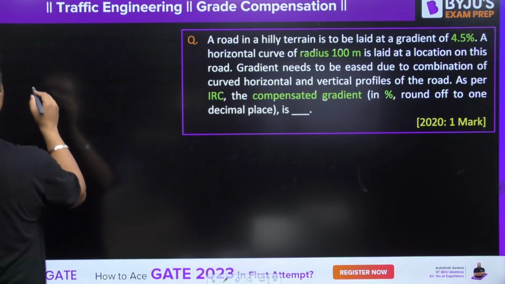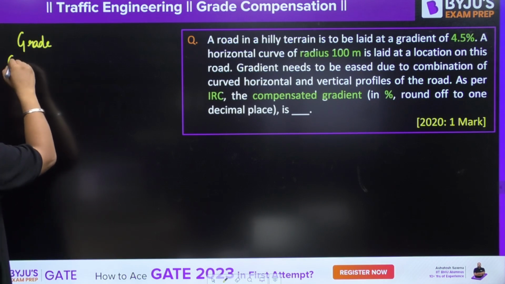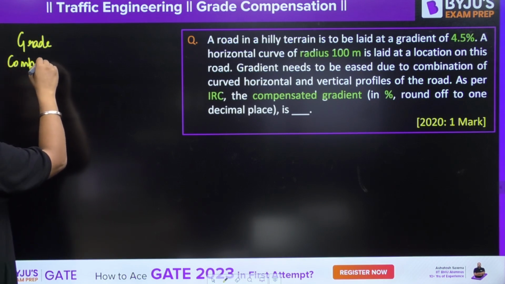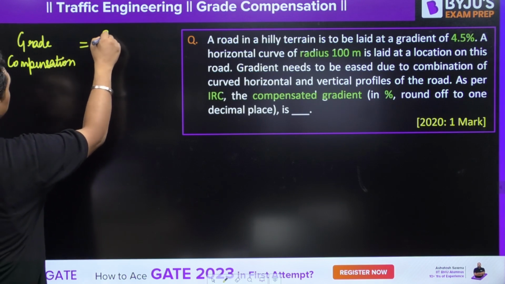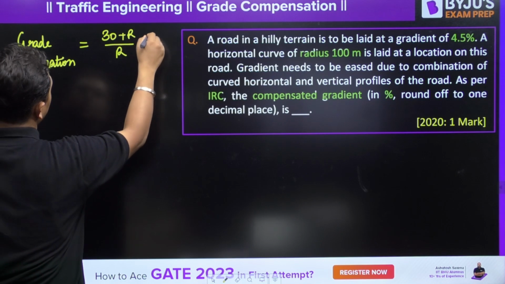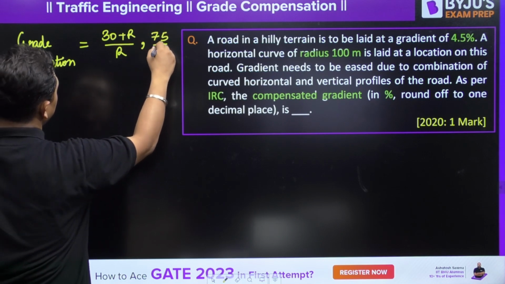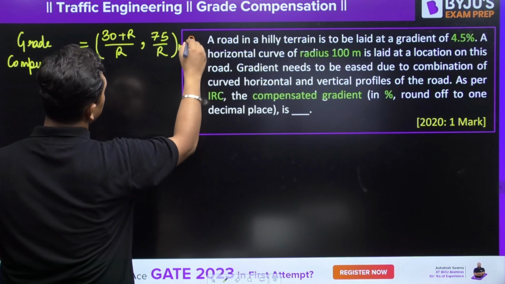So what is the grade compensation? It is equal to (30 plus R) by R, or 75 by R, whichever is minimum.